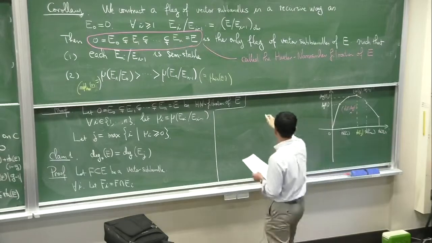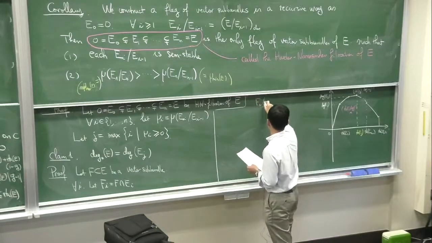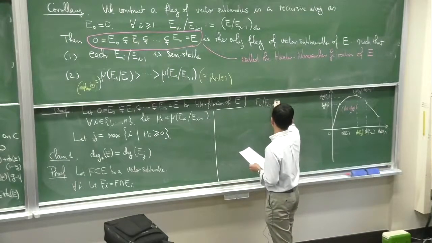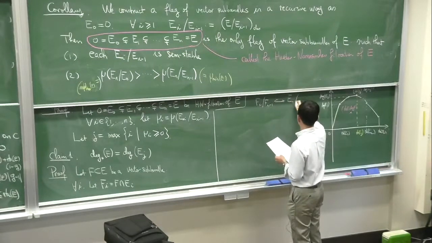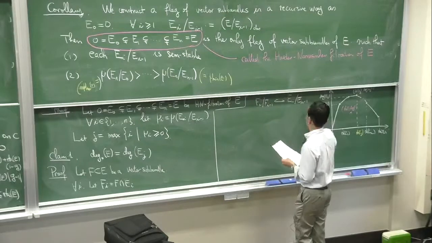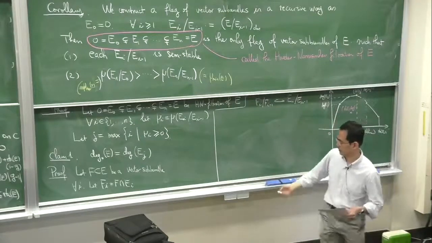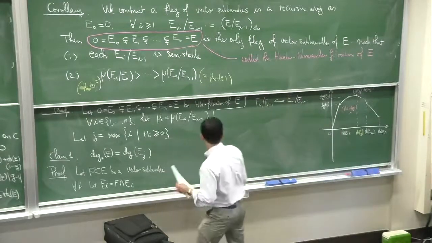Then what you can say is that Fi over Fi minus 1 is a vector subbundle of Ei over Ei minus 1, by this definition.